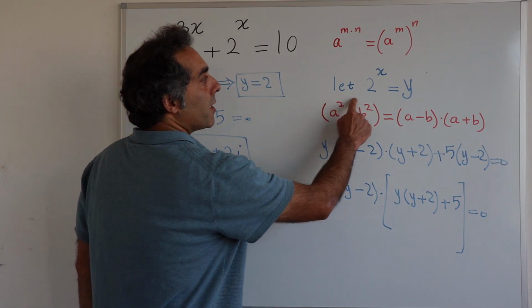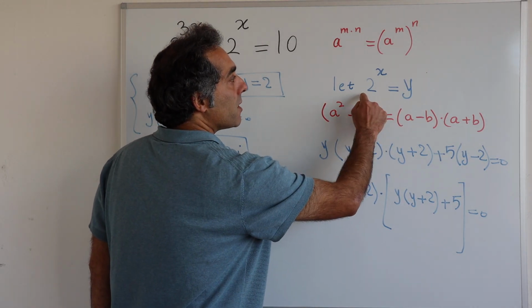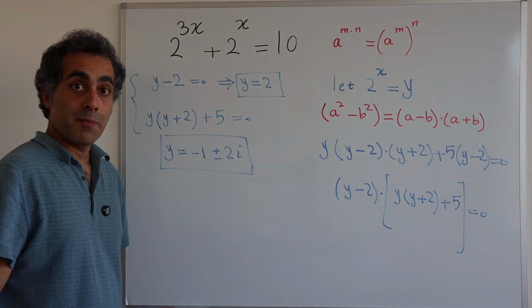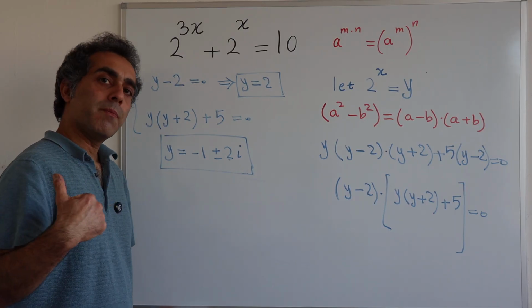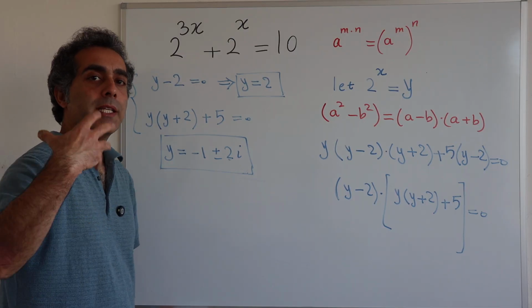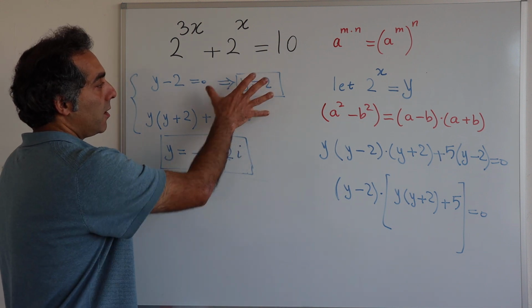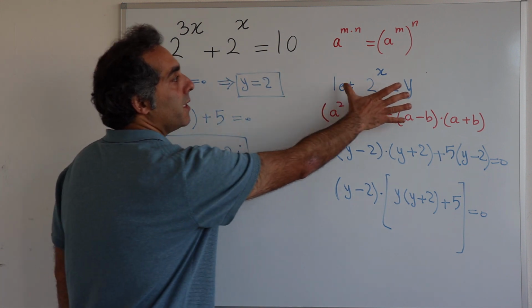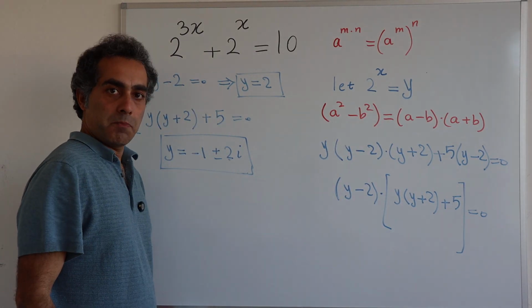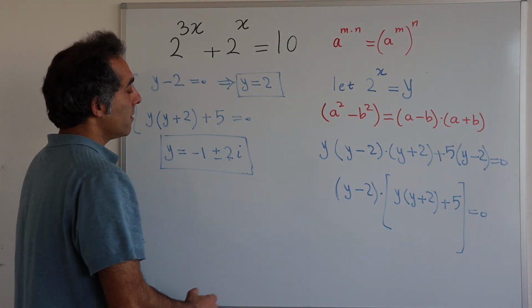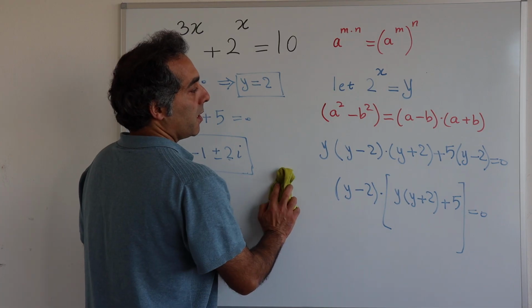Because at first we let y be 2 to the power of x. Our goal is finding x, not y. So I just replace y in this first assumption and find x from that.